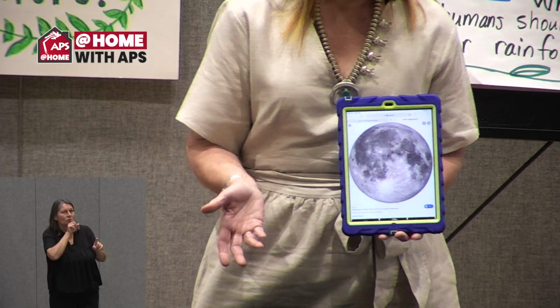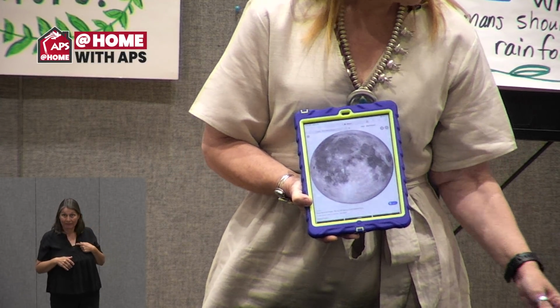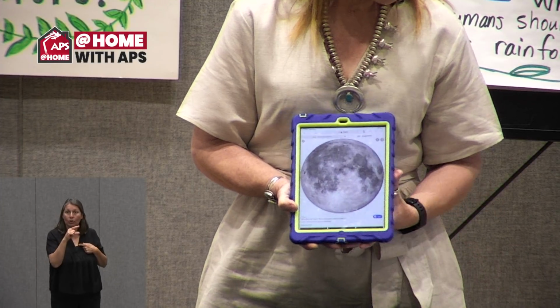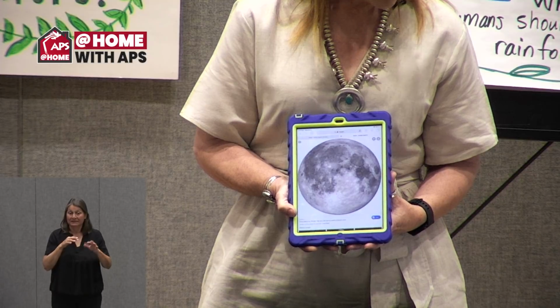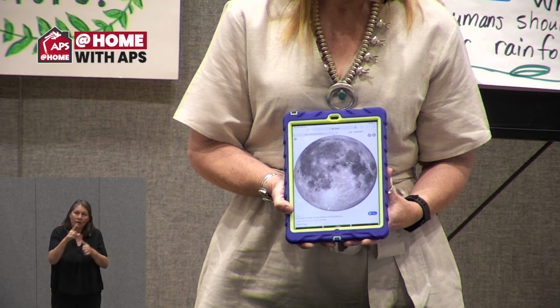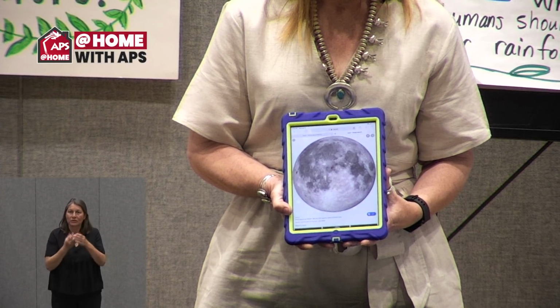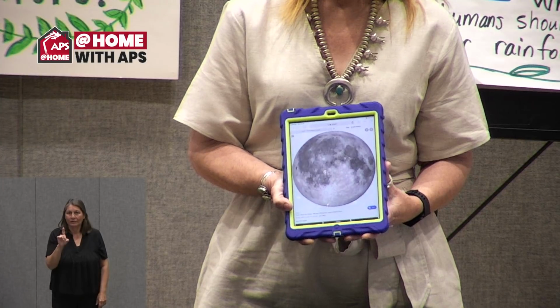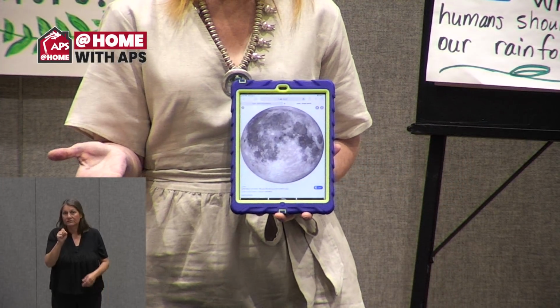And Mark told me that when I showed him a picture of the pink moon, he Googled it and he sent me this definition, which I thought was interesting. It said, a pink moon was named after one of the first flowers to bloom in the spring, the wild ground phlox, which also goes by the name of moss pink. So that was something that we did and found some information.